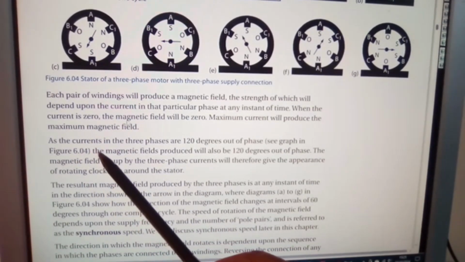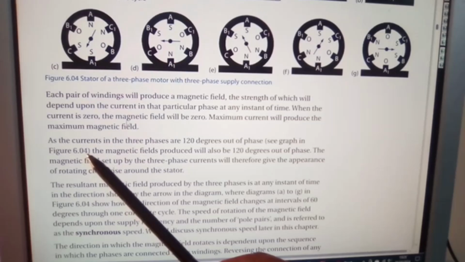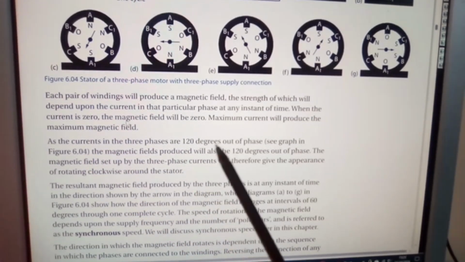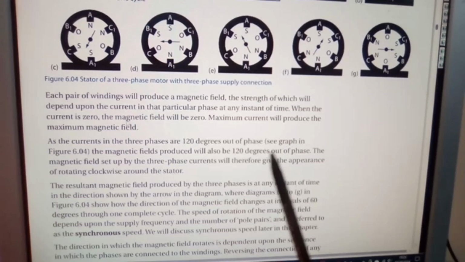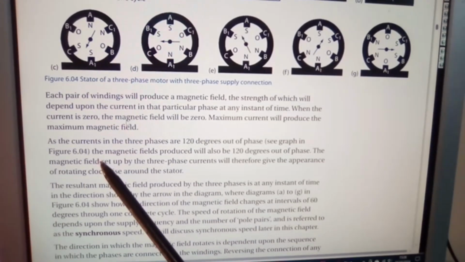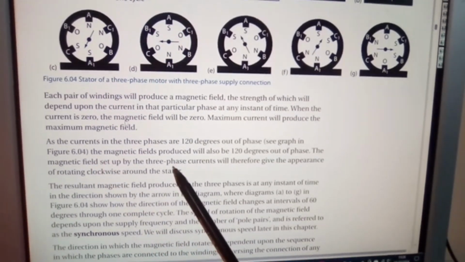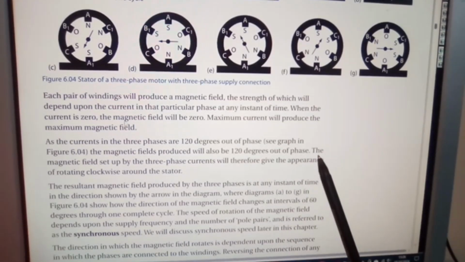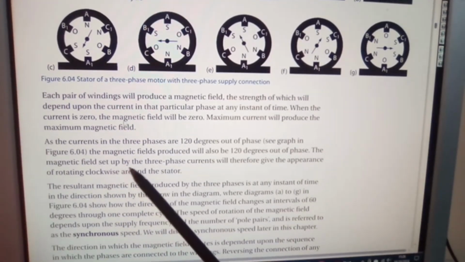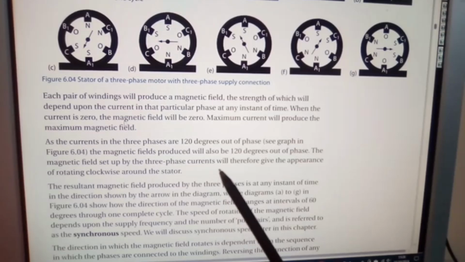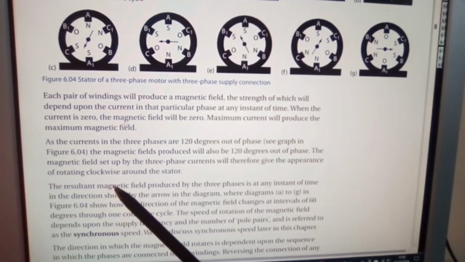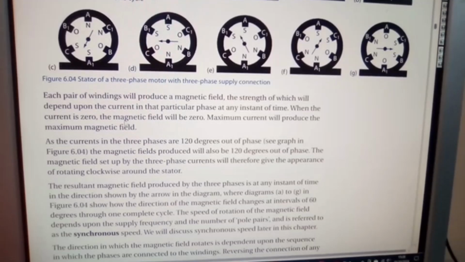As the currents in the three phases are 120 degrees out of phase, the magnetic field produced will also be 120 degrees out of phase. The magnetic field set up by the three-phase currents will therefore give the appearance of rotating clockwise around the stator.